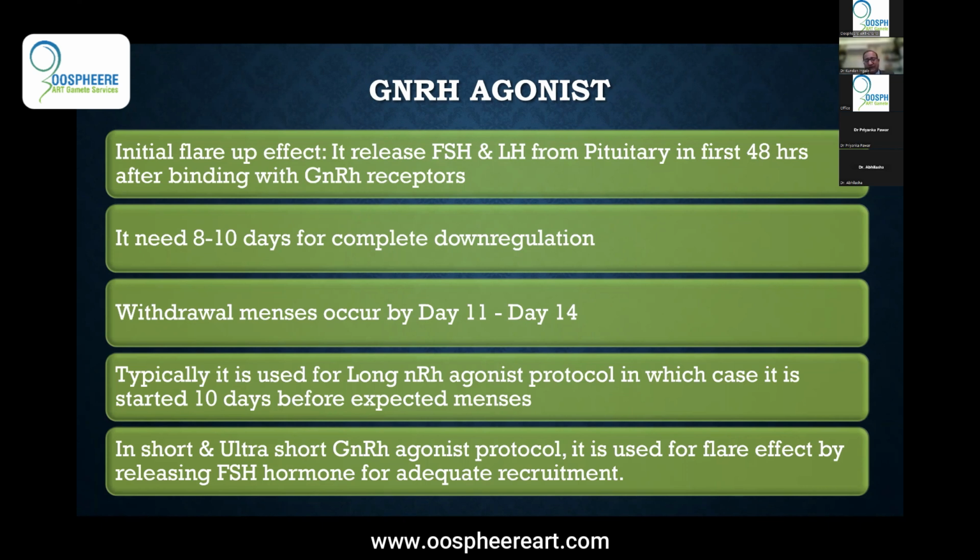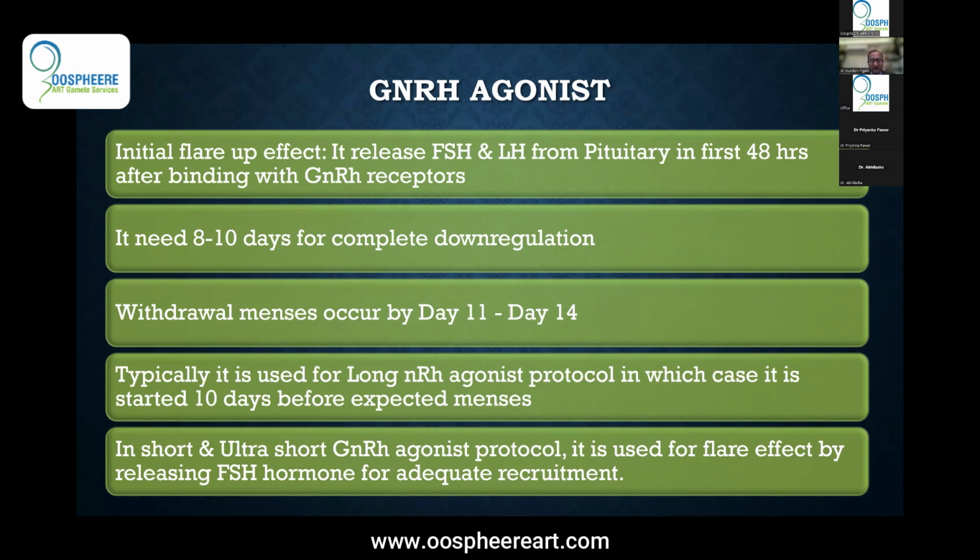So when I have started the agonist, it is going to release FSH and LH. LH is going to stimulate the ovary and produce more progesterone, so there will be more progesterone in the circulation. Understand? After 2 days, there will be progesterone. That's why it takes some days to reduce those progesterone levels, and that is why around 8 to 10 days is required for complete down regulation.